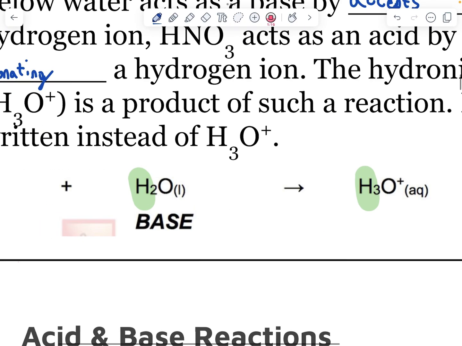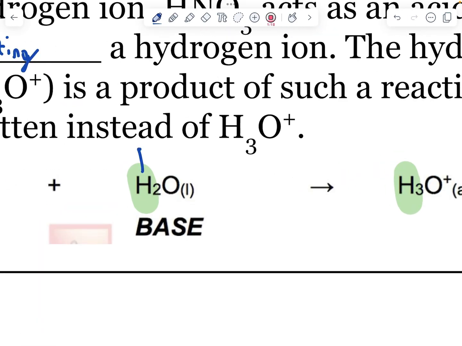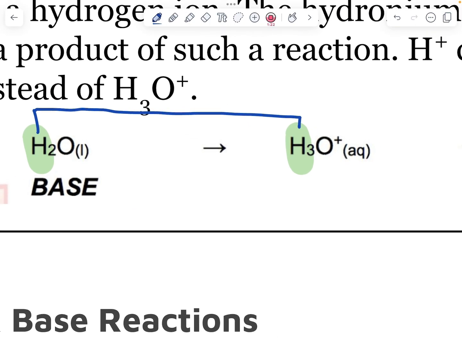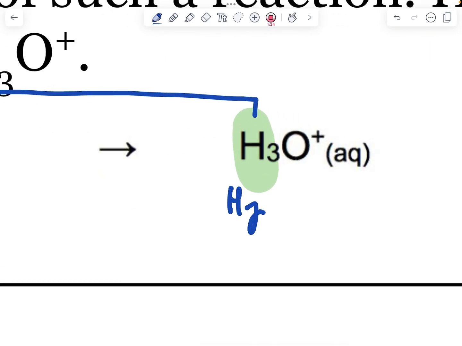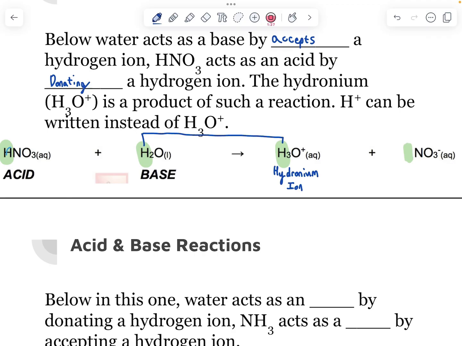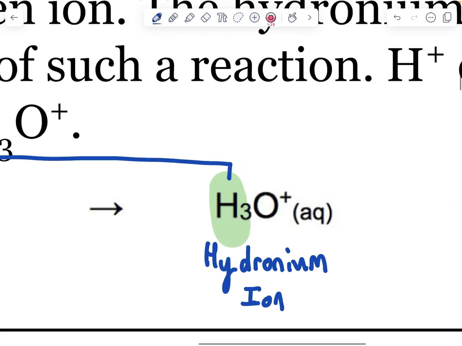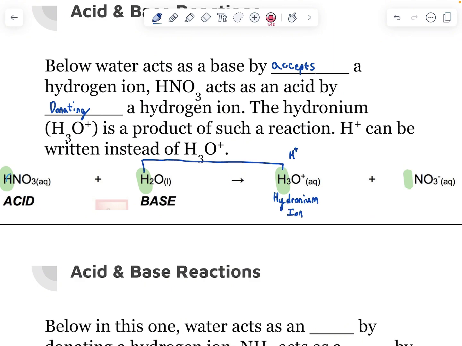So here we can see that this goes here and accepts this hydrogen ion because this is a hydronium ion. That's how you spell it, hydronium ion, which is H3O positive, and sometimes when we have an H3O positive, we just denote it H positive, which is essentially a proton added to this water.